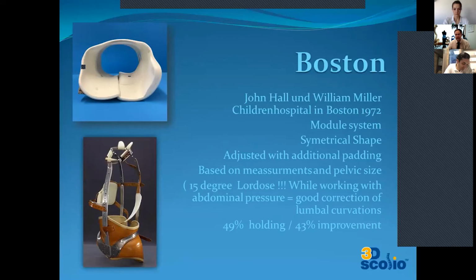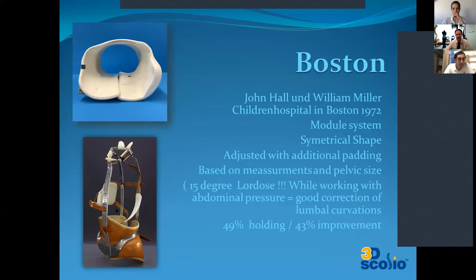Also then in Boston was coming up another method, because once they had good results in treating patients with scoliotic, the numbers were jumping and they had a lot of patients to take care of. What they had to do was to make a lot of braces in a very short time.